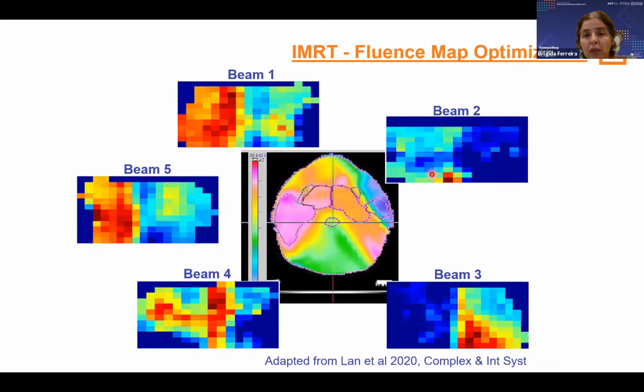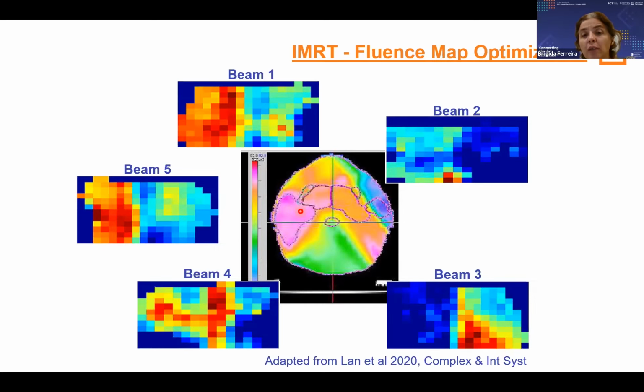For a real clinical case, you see here a case where we want to irradiate the primary tumor and also the surrounding lymph nodes, and we want to spare as much as possible the parotid gland and the spinal cord. This case is going to be irradiated with 5 intensity modulated beams, and what we are optimizing is actually the intensity of each of these pixels.